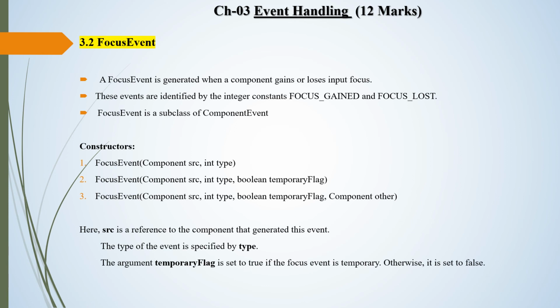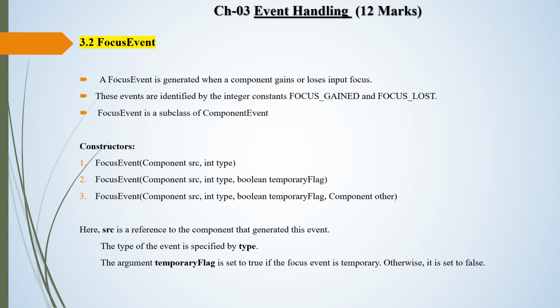The description of the parameters above: first, source is a reference to the component that generates this event. So in the first parameter, source, we pass the object of the component that generates the event. And the second parameter is integer type. In that we pass the type of the event, like focus gained or focus lost.